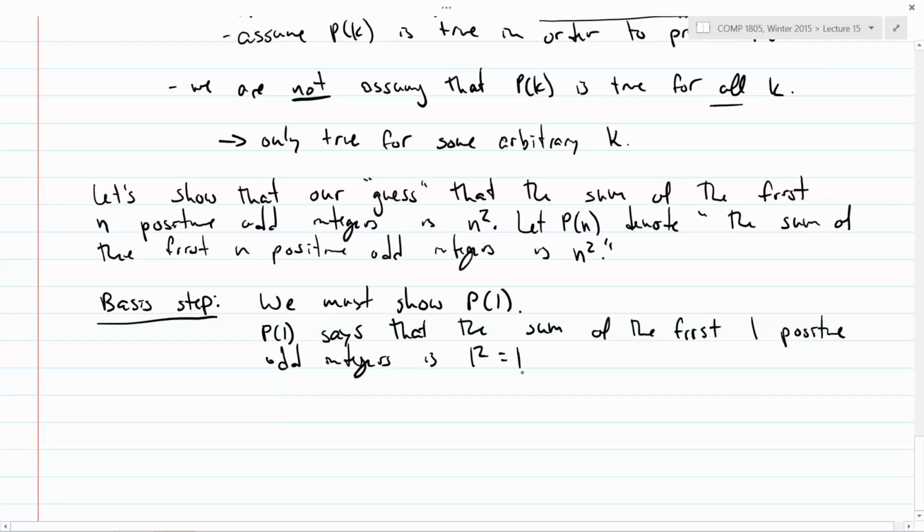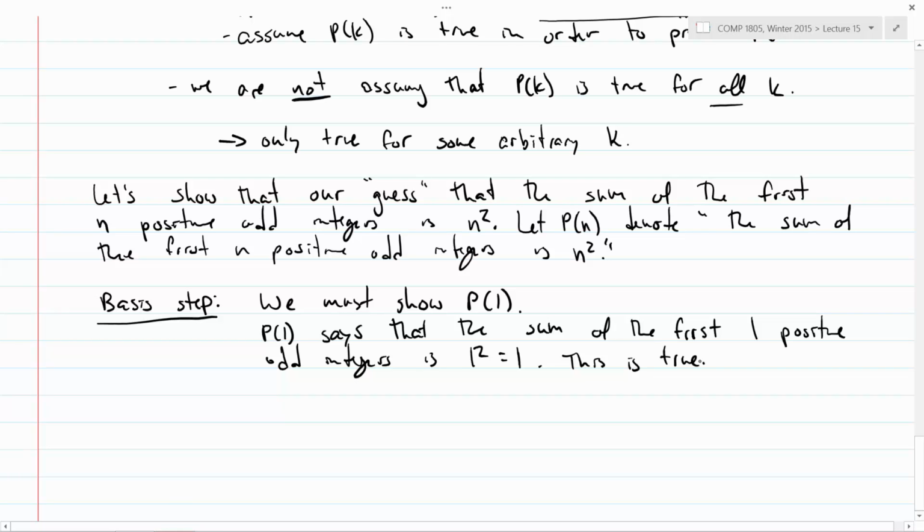So 1 equals 1, which shows that the basis step is true. Does everyone see that? The sum of the first 1 positive odd integers is, well, the first positive odd integer is 1. And if you sum up one number, you get whatever that number was, and it's equal to 1 squared. So P(1) is true. It's correct.